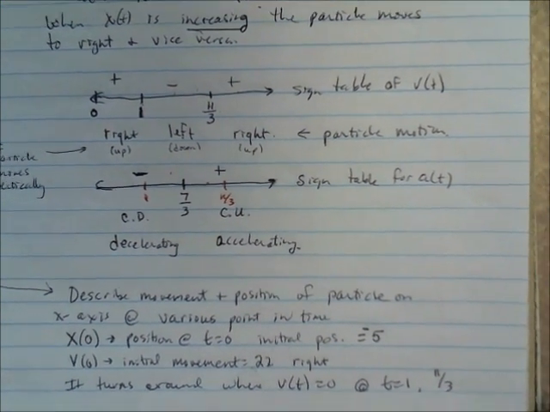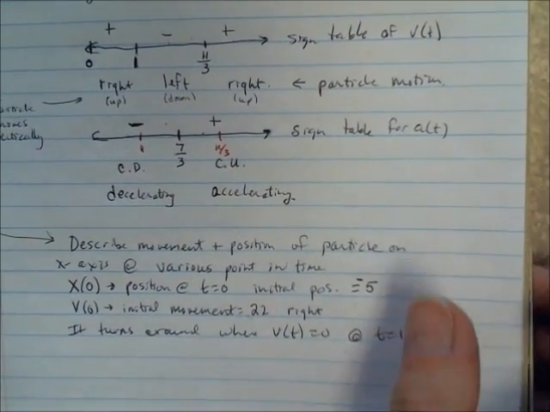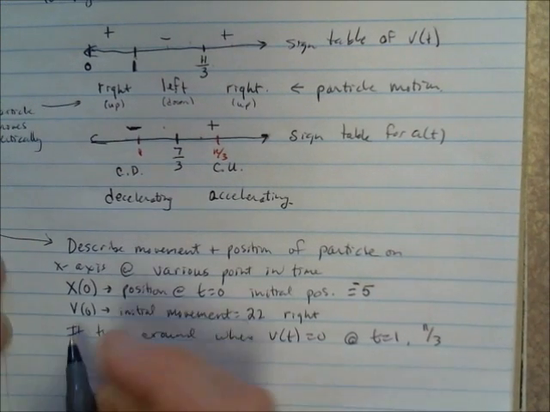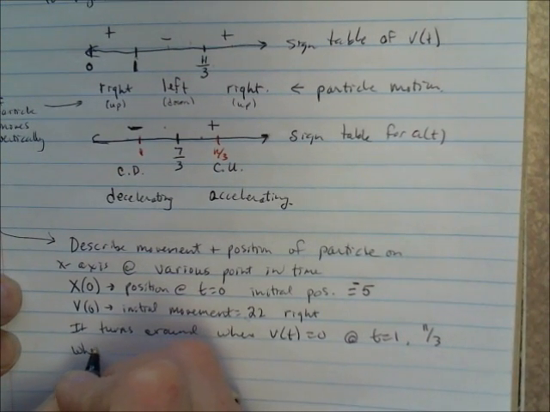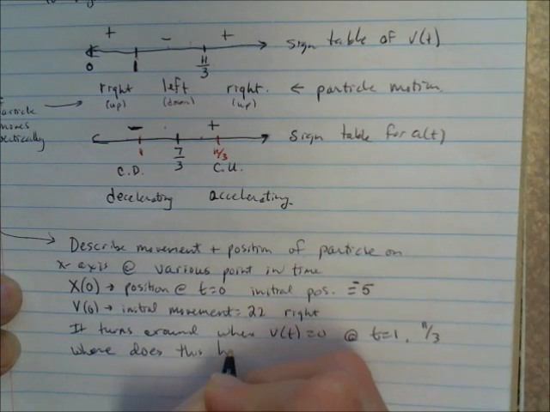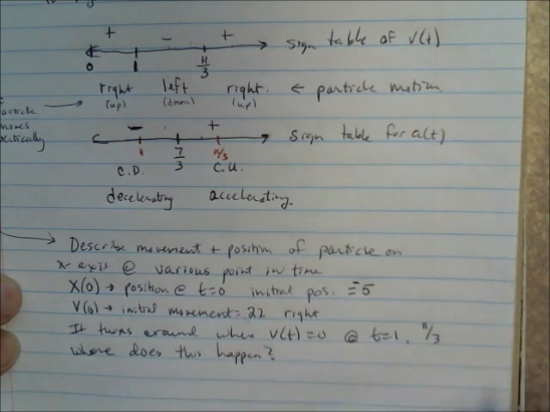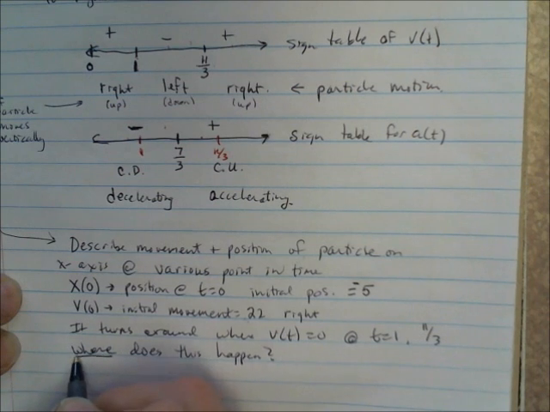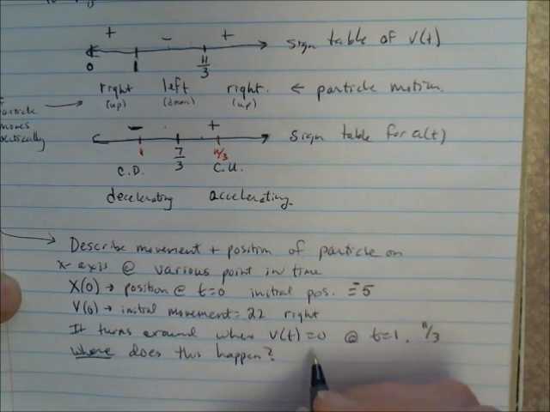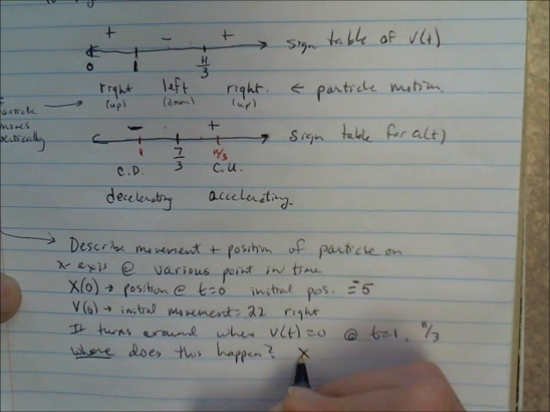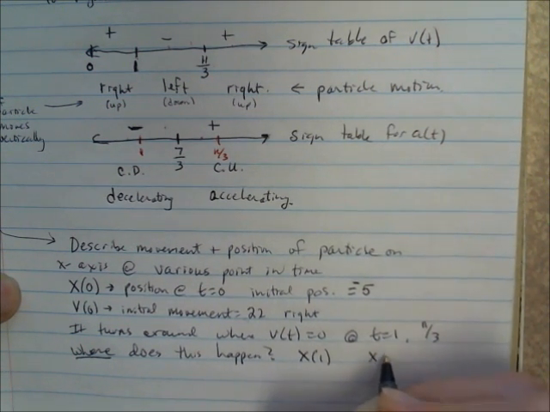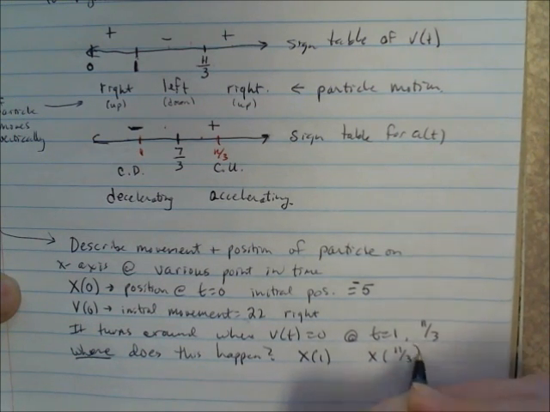And so now what we're going to do is find out where it stops and turns around, because we didn't calculate those x values. Where does this happen? If you're talking about where, you're talking about a position function. So where means position. And what we have to do is calculate x of 1 and x of 11 thirds.